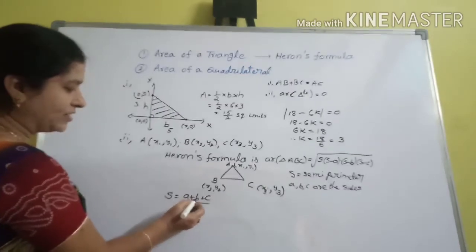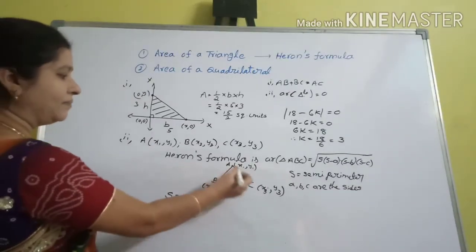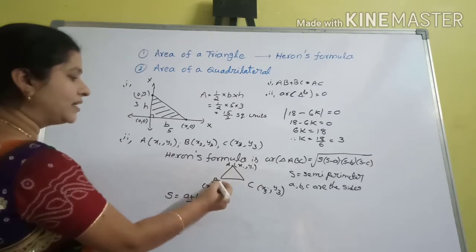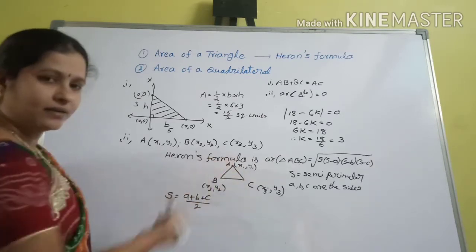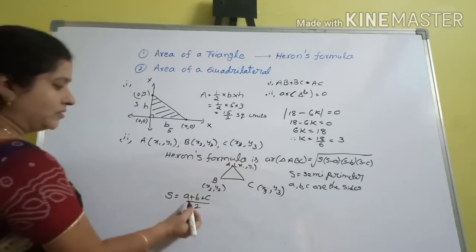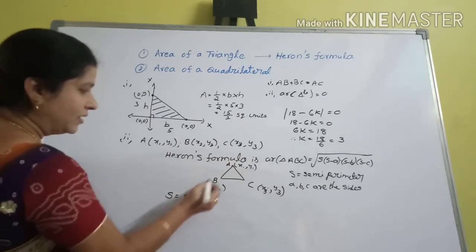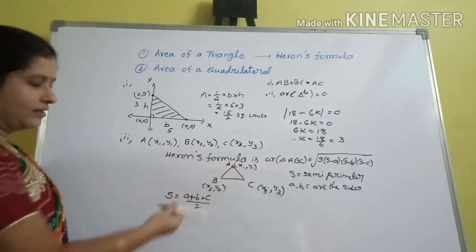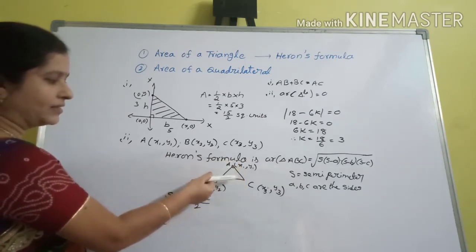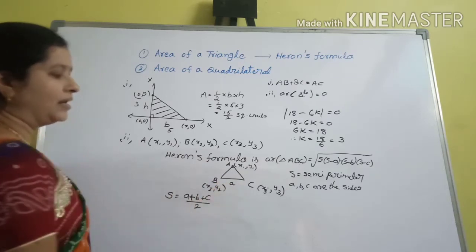What is a, what is b and what is c in this triangle ABC? Here how many sides are there? 3 sides are there: AB, BC and AC. The side opposite to the vertex A is called small a.